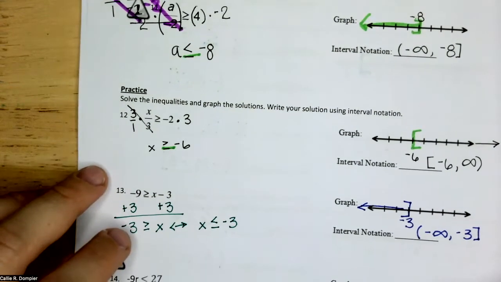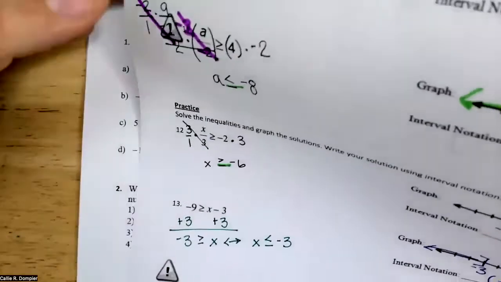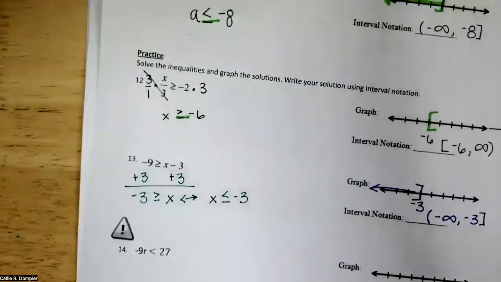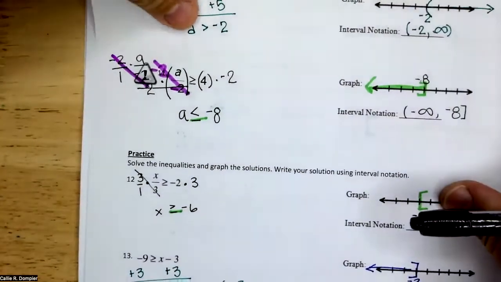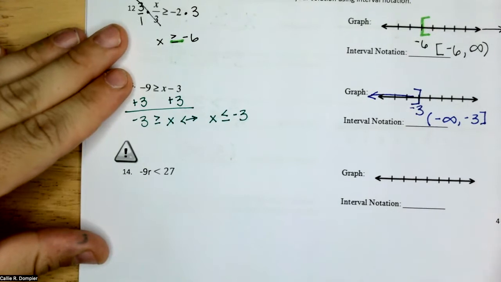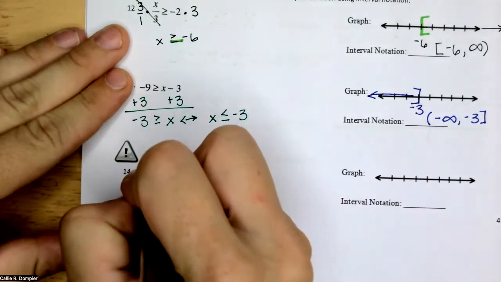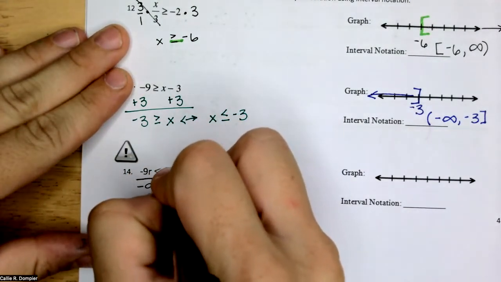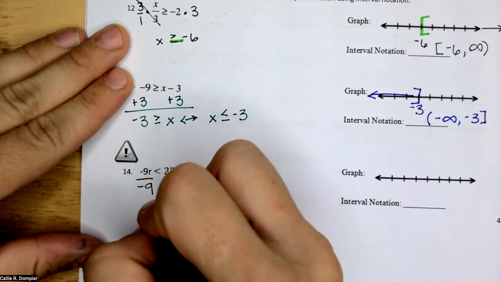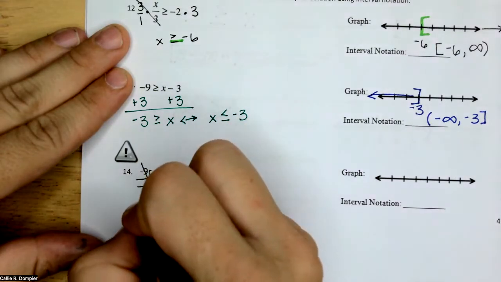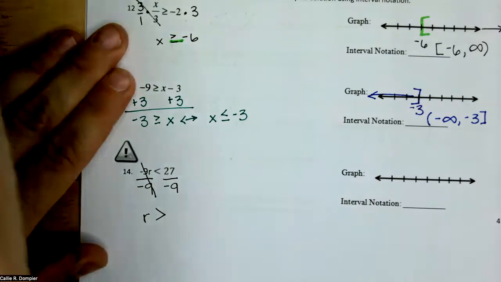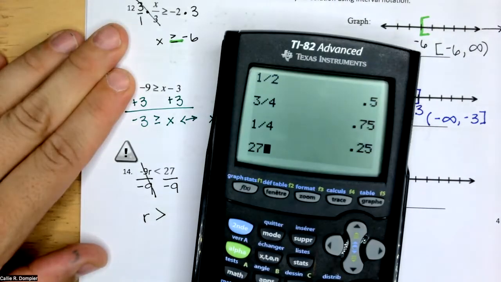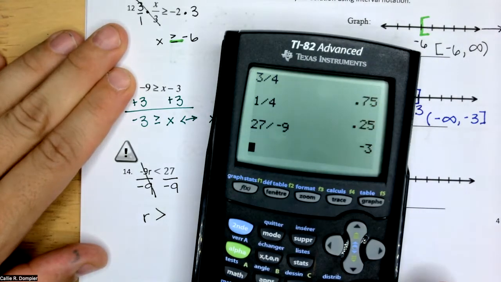Here's -9r is less than 27. Divide by -9. Divide by -9. Remember, when we divide by a negative, we flip the sign. So now we have r is greater than 27 divided by -9, which is -3.